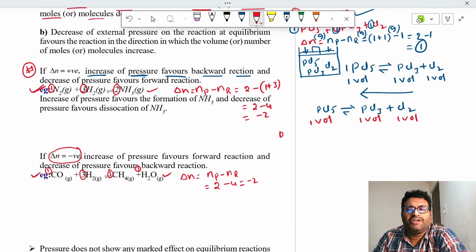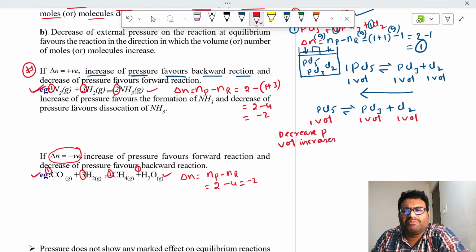On decreasing pressure, volume increases. If volume is increasing, then simply to remember, the equilibrium must shift to the more volume side. The more volume side is the product side, so it moves to the more volume side.